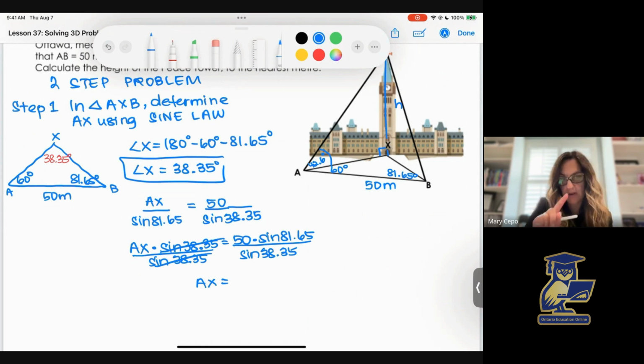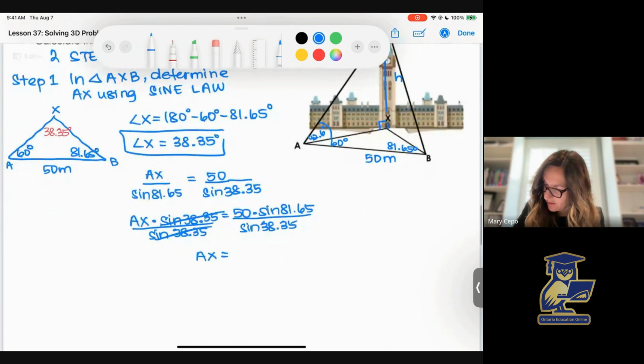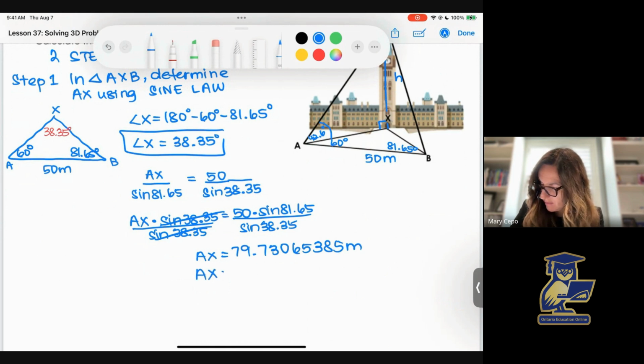Again, remember for numerators, use brackets in order to avoid any kind of error, and then we divide that by the denominator, bracketing the sine of 38.35, which would be about 79.73065385 meters. Because we are rounding to the nearest meter, and it is a two-step process, I would try to keep the full value. We are rounding to the nearest meter, so that's about 80 meters.